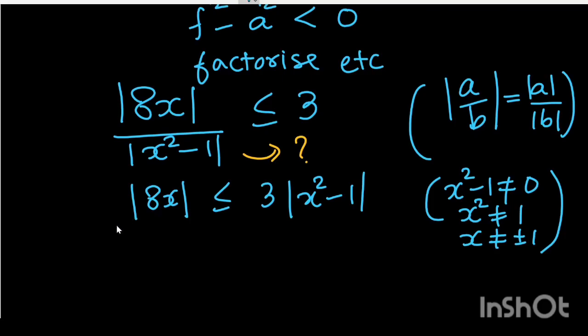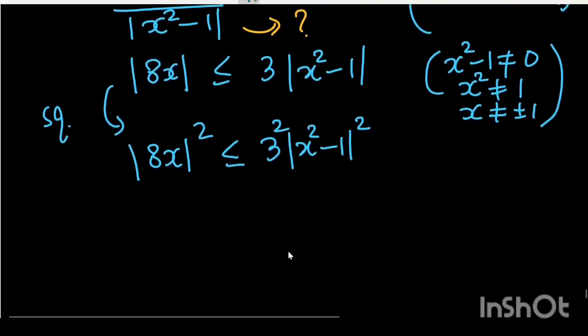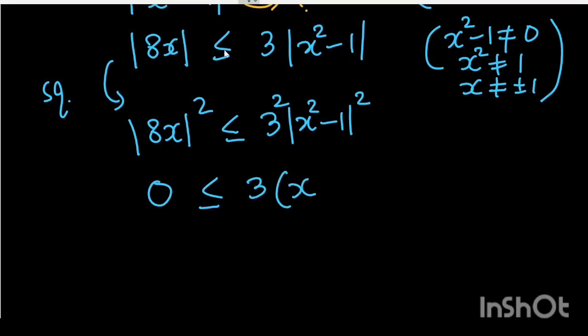Now what we can do is square both sides. So mod 8x square less than 3 mod x square minus 1 square, that is 3 square. Okay, so mod x is 8x square, we will take this to the right hand side. And 3, this mod we can write in the form of a bracket also, and 3 I can take inside.